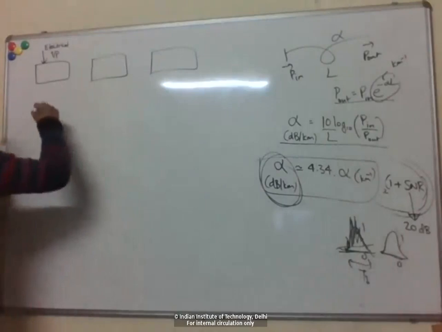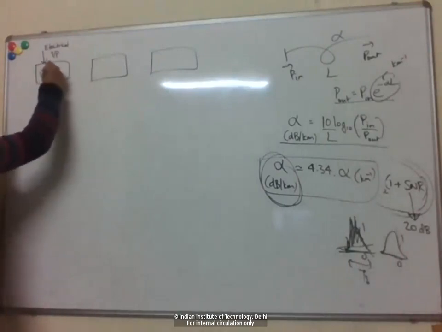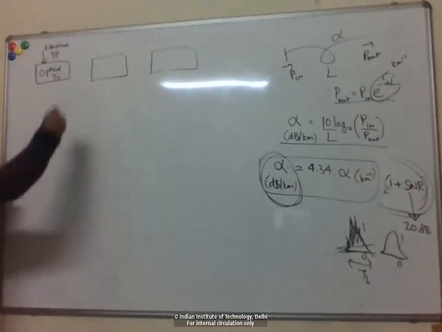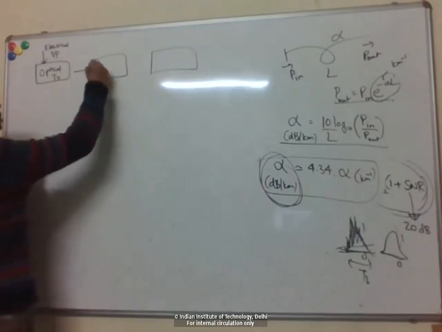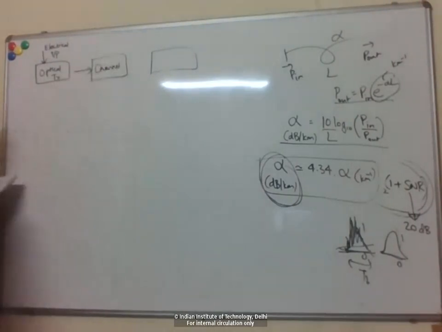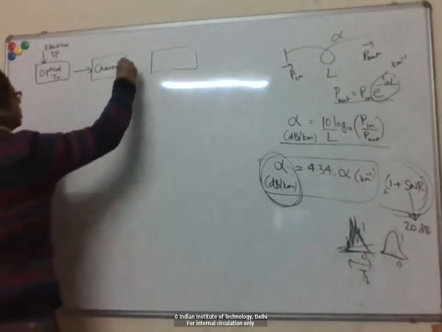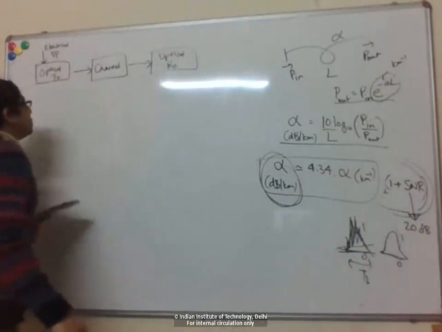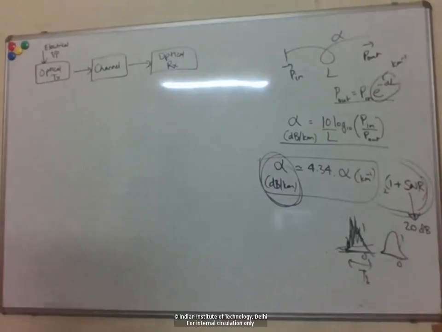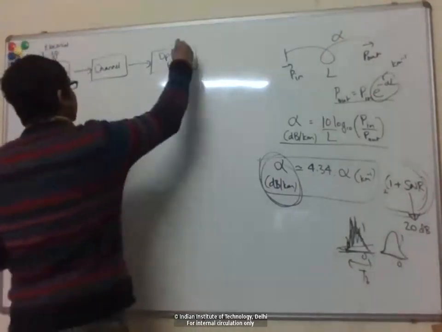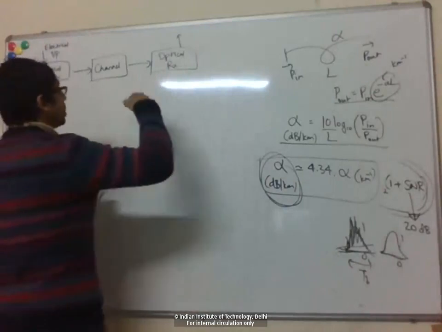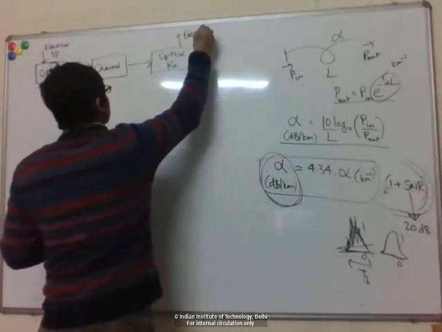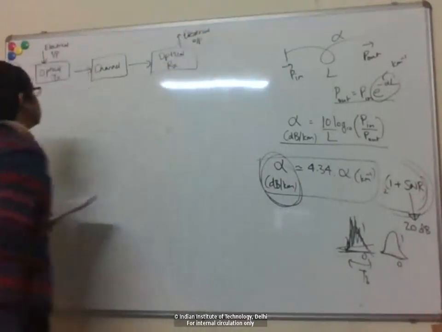So the first thing that's done is you use some optical transmitter to convert this electrical data to optical data, and then send it over the channel, which is an optical fiber in our case. And then you have an optical receiver, which is basically a photo detector plus some circuitry. And then you decide based on the electrical waveform that you get what data you have. Like you decide the bit stream and you get your electrical data out.